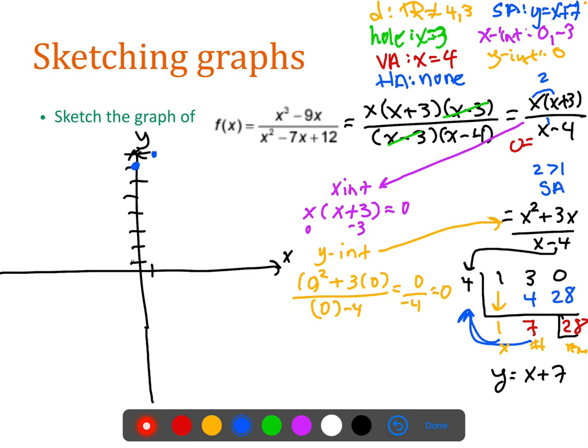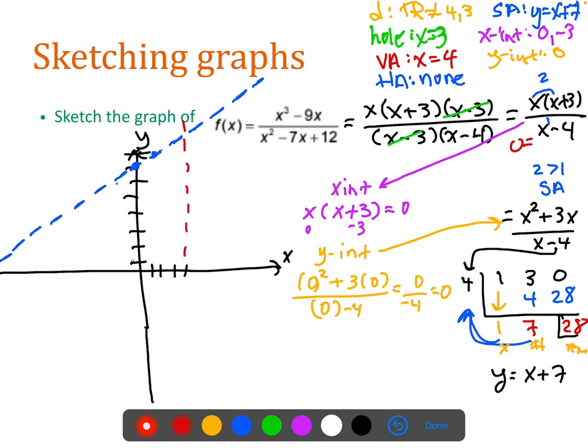So up 1, over 1. And that is the slant asymptote. See how he's slanted? That's where he gets his name. Wow, he's pretty.